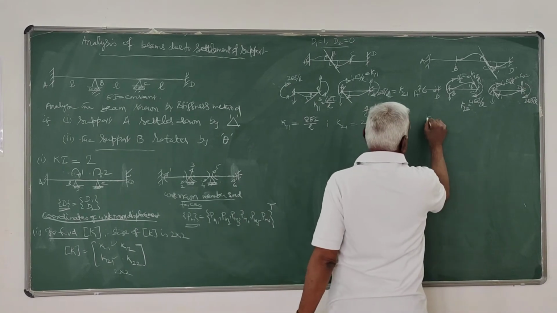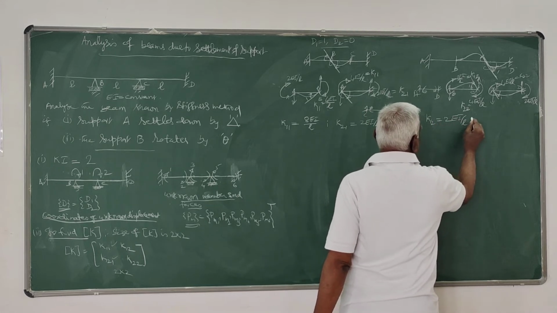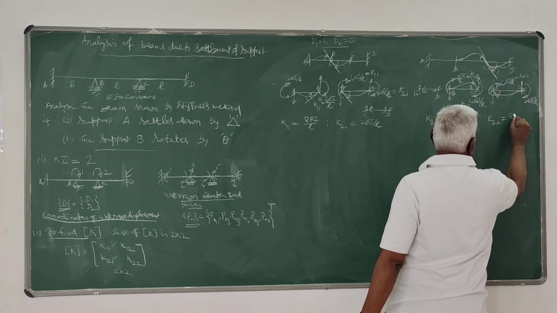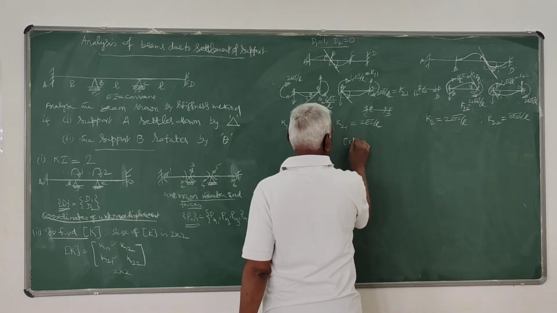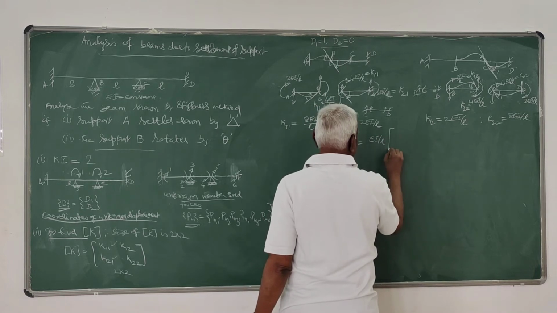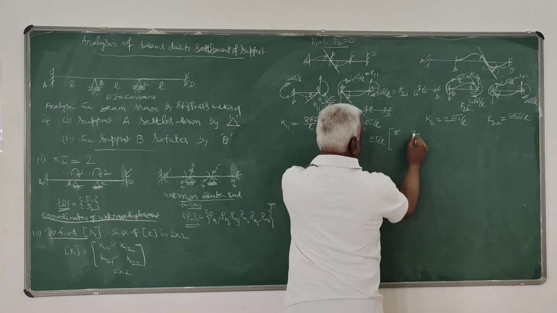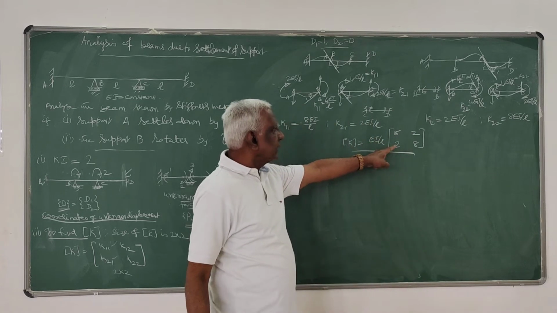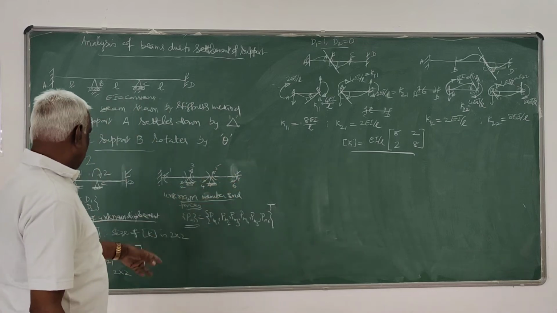So therefore, K12 is 2EI by L and K22 is 4EI by L plus 4EI by L, which is 8EI by L. Therefore, the K matrix is EI by L taken outside: K11 is 8, K12 is 2, 2, 8. K11, K21, K12, K22. So this is the K matrix.